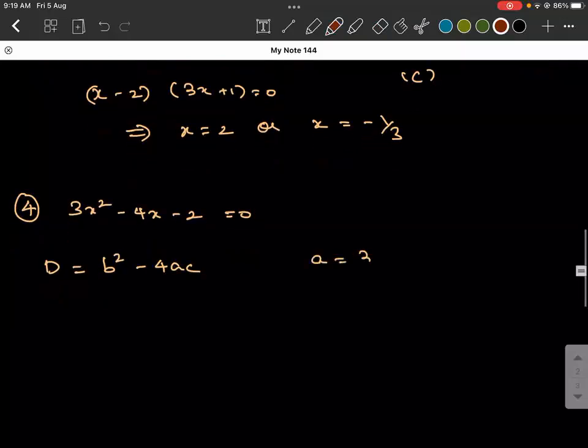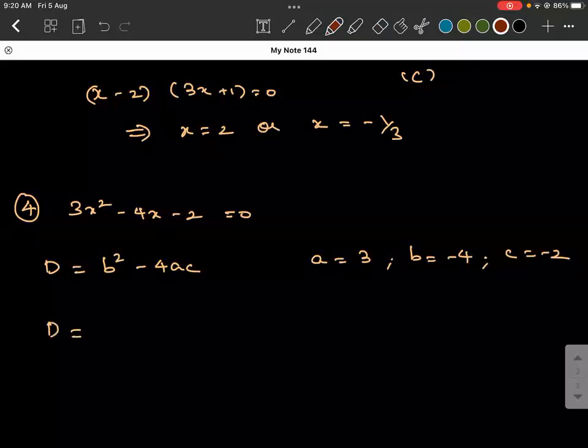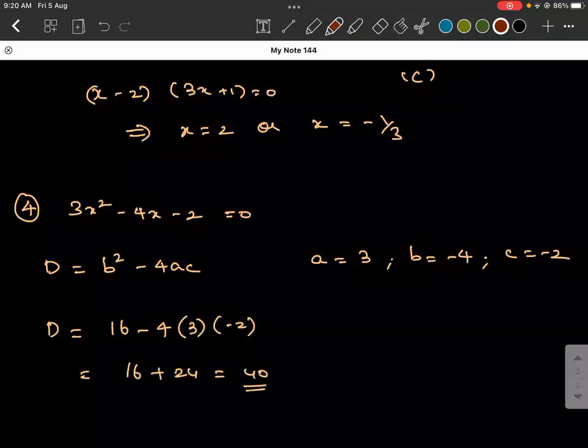So a is 3, b is minus 4, c is minus 2. So discriminant is b square, so 16 minus 4 into a into c. So 16 plus 8 into 3 is 24, which will give you 40. So option A is the right answer.